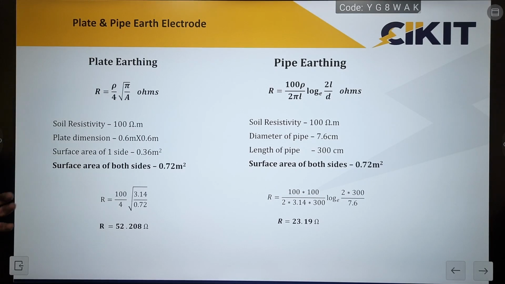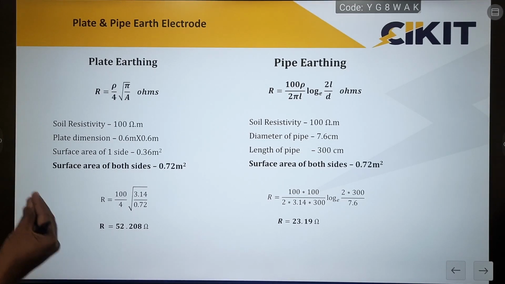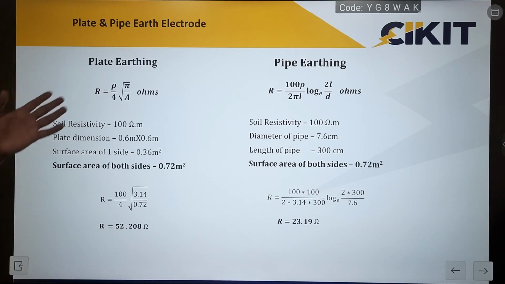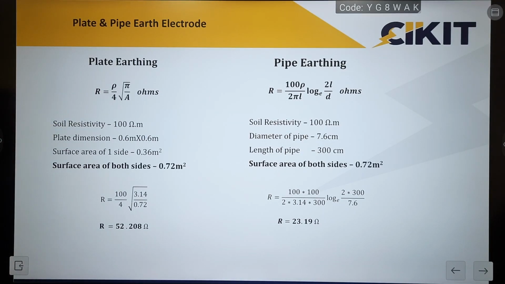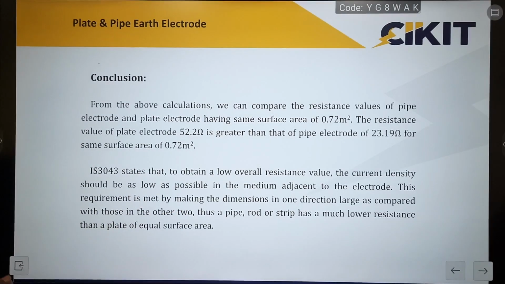If you take this pipe, the dissipation will take place in the form of concentric circles. So the dissipation will be much quicker in pipe and rod configurations than plate earthing. Because of the shape, even if you have the same surface area, the resistance value of the plate will be higher than the pipe earthing. This is the explanation provided by the standard.